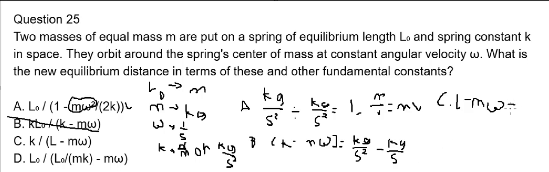Meanwhile, L is just meters. So we end up with meters minus kilograms per second, which, similar to B, we cannot do. Because these units don't match, subtraction is not possible, meaning that the answer choice cannot be C.